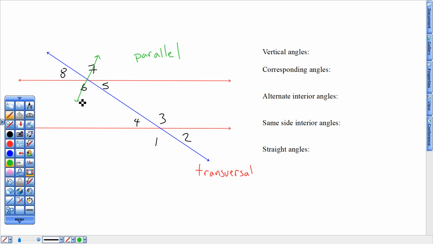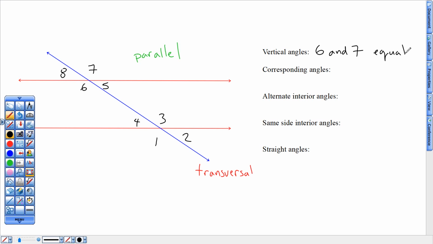And know that if you pick a vertical pair, they're always equal. So here's a pure vertical pair right here. That would be angle 6 and angle 7. That is a pair right exactly across from each other, vertical. So if I wanted a vertical pair of angles, here's a vertical pair, 6 and 7. Of course, there are many more. These are always equal. Whatever one angle is, the other angle is also.